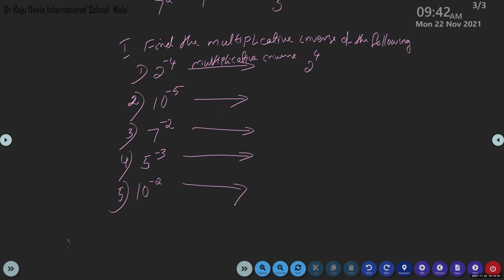The multiplicative inverse of 2 raised to negative 4 will be 2 raised to positive 4. Ma'am, if this one is the multiplicative inverse, then what is the other one?